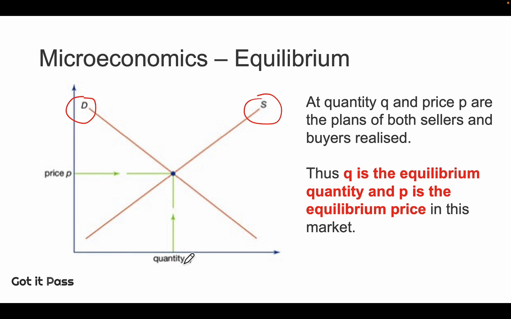So that means both sellers and buyers realize the situation where equilibrium meets both demand and supply at the same price point and same quantity. Thus Q is the equilibrium quantity, and P is the equilibrium price in this market.